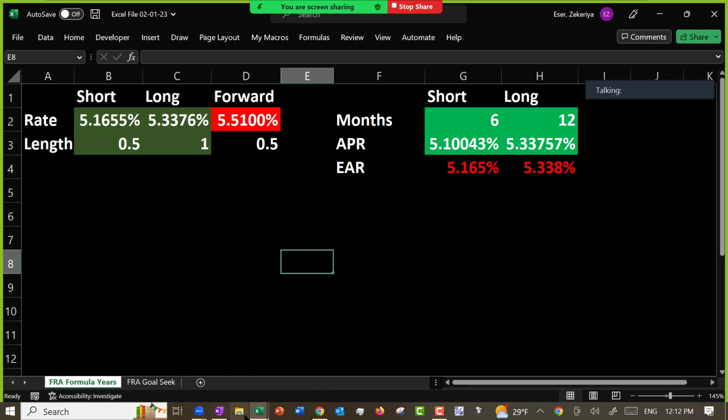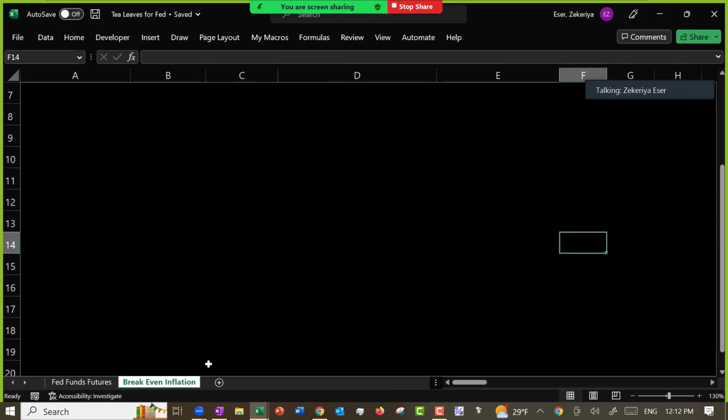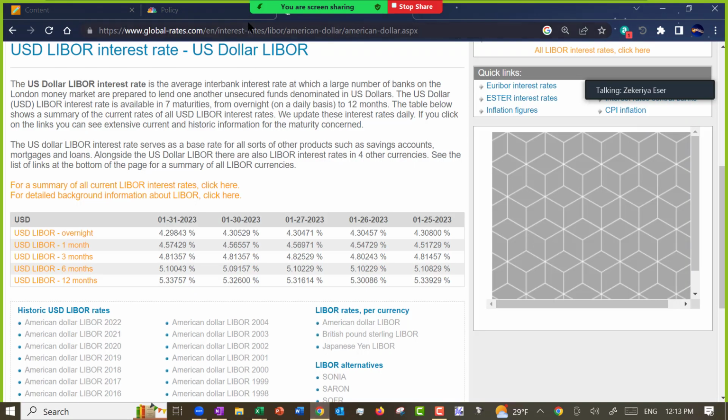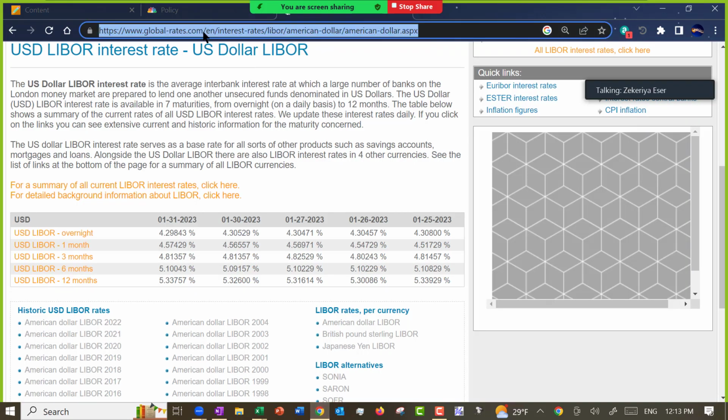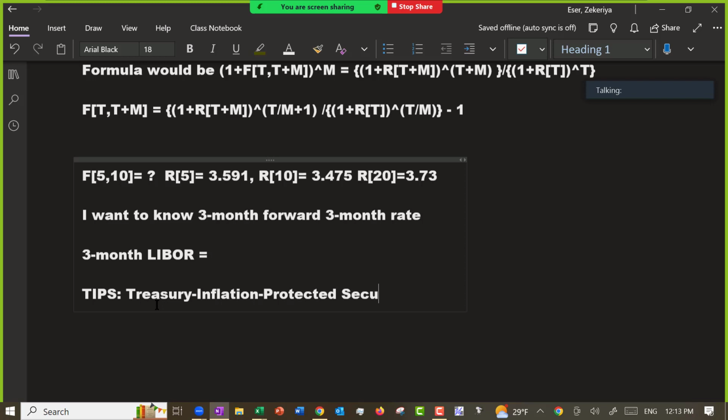I've got about 20 minutes. Let me briefly talk about something we're going to talk about at some point: TIPS. These are Treasury inflation protected securities.